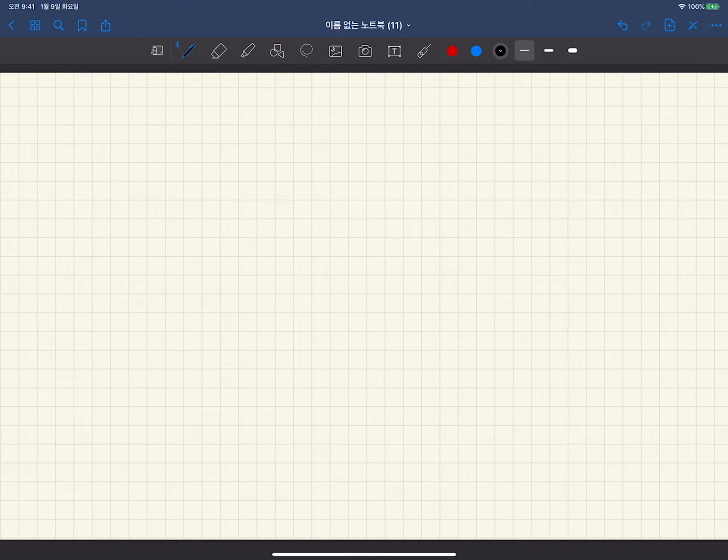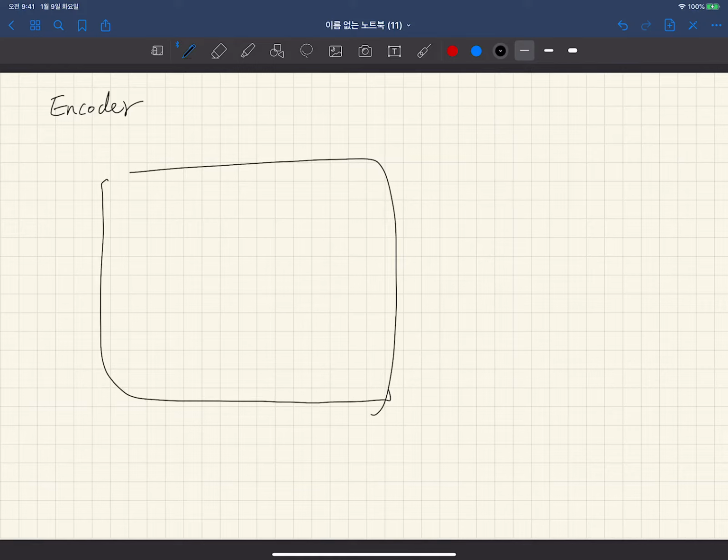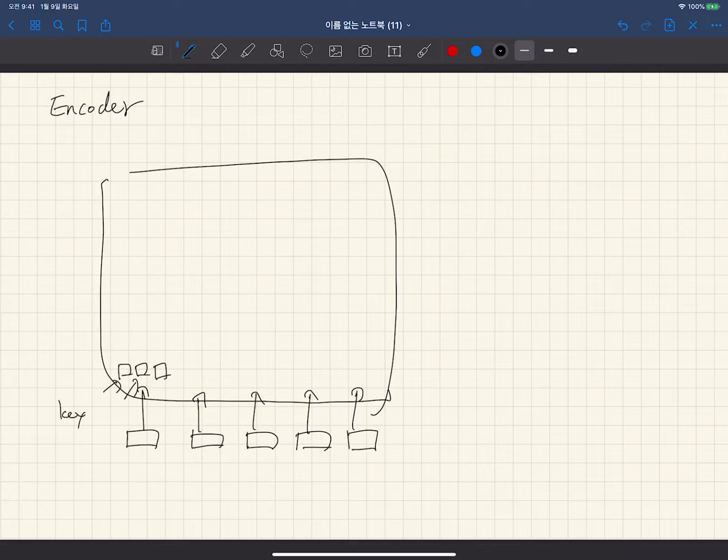What is the meaning? For the encoder, this is one computation block. Basically, for instance, for an English input sentence, there are many words. Each word has three different vectors called key, value, and query.